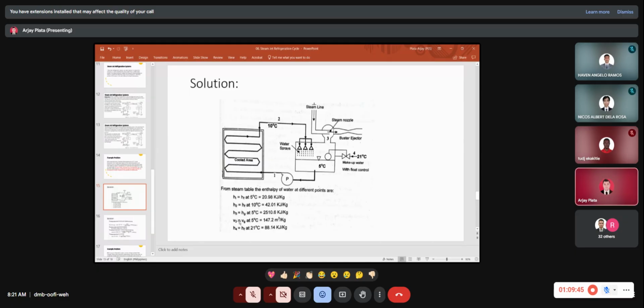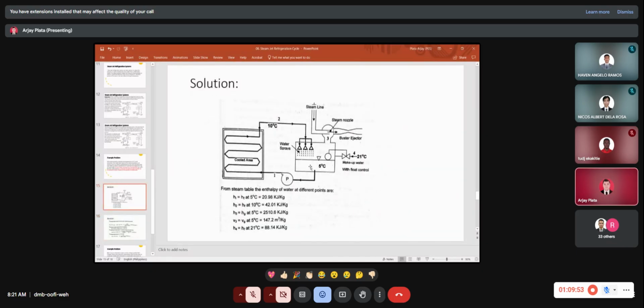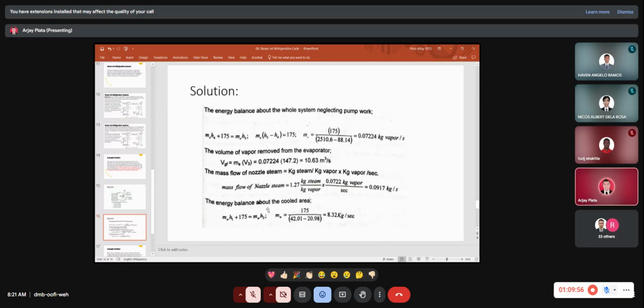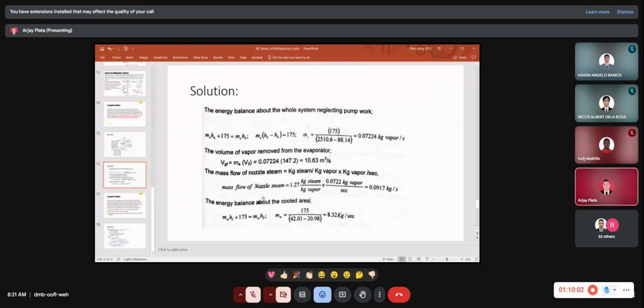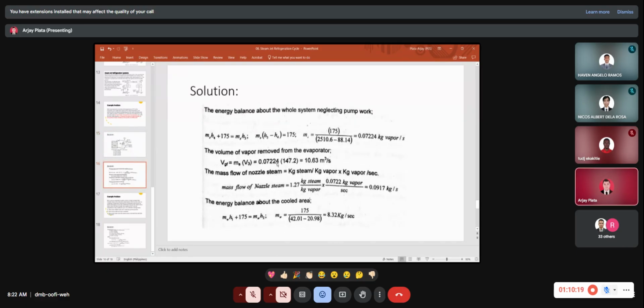So what enters is the mass of water 1, and this one pala is what leaves. Mass flow rate of water 1 plus 175 refrigerating effect equals mass of water 2. So to know how much makeup water is needed, we have mass of water equals 175 refrigerating effect over H1 minus H2.